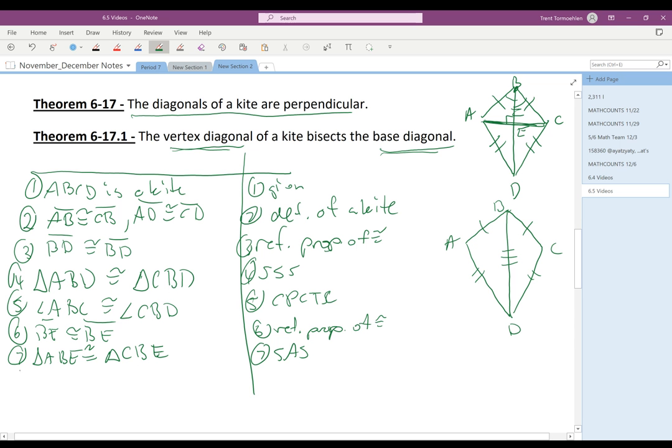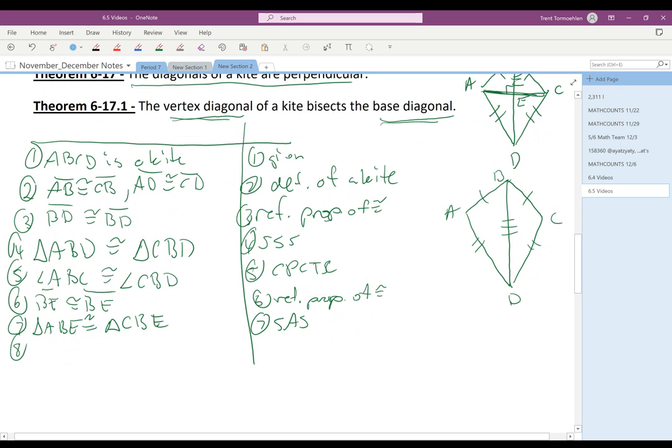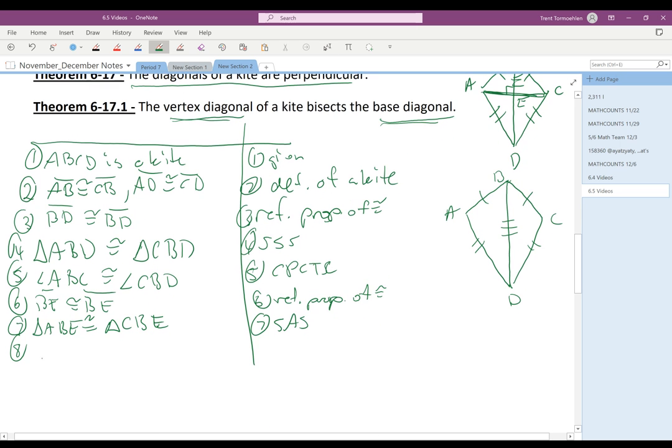That's enough to show that angle AEB and angle CEB are congruent to each other, by CPCTC.